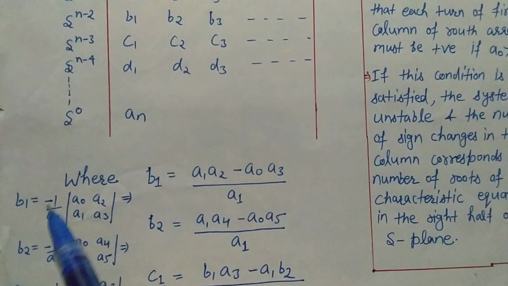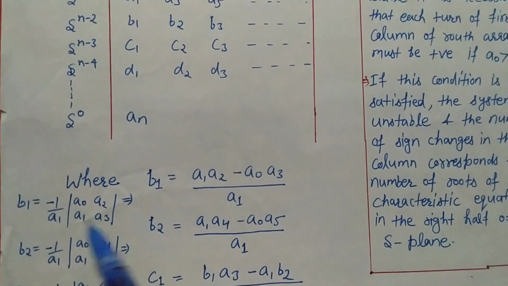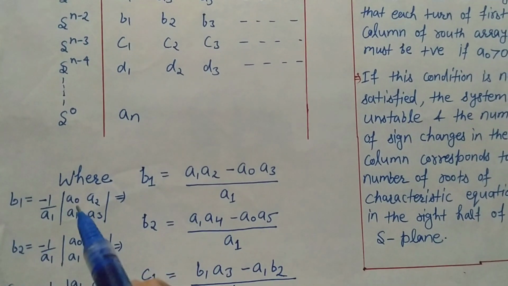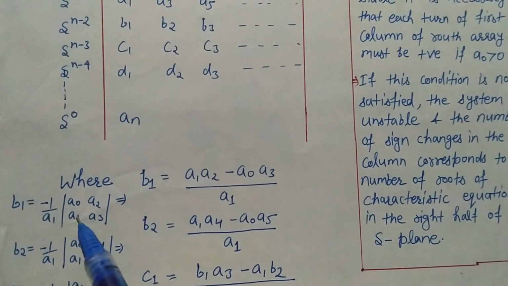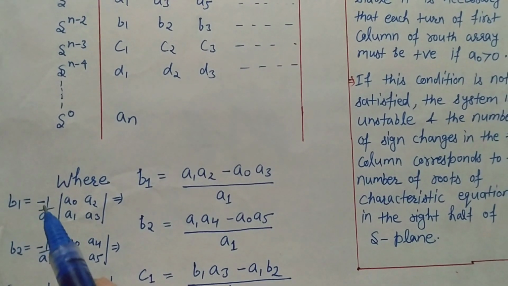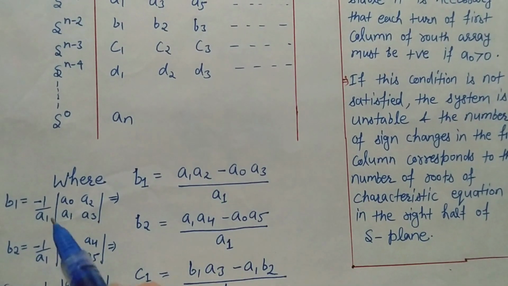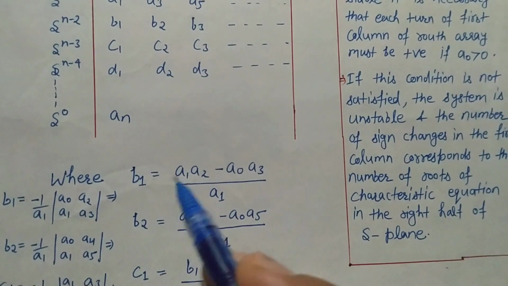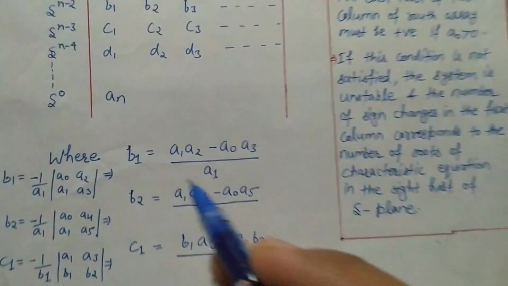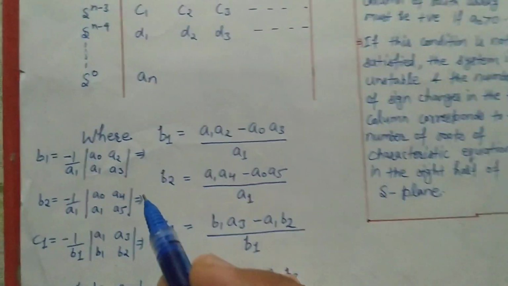How will it become this? When we solve this determinant, we get a0 a3 minus a1 a2. But when we multiply it with minus 1, it changes the sign and it becomes b1 is equal to (a1 a2 minus a0 a3) upon a1. This is the formula to find out b1.